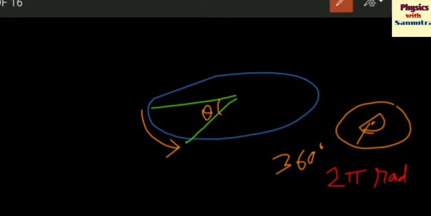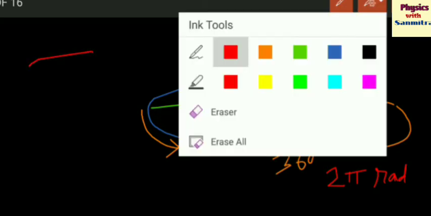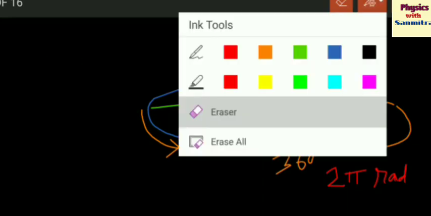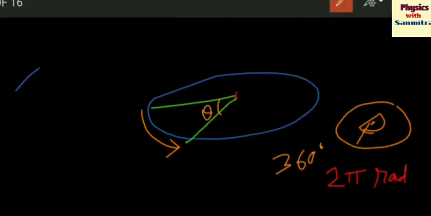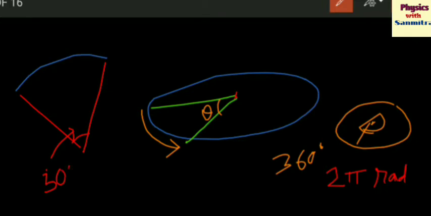Now the angle which it is subtending depends on the point from where I am considering. Suppose a particle moving in a circular path is a part of a circle. Say this is 30 degree with the center.